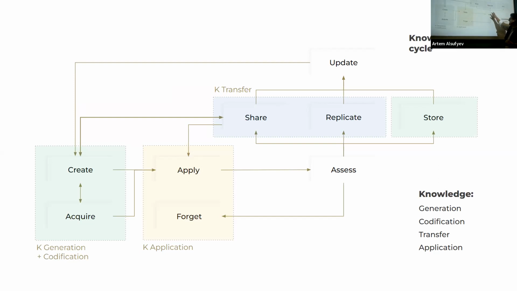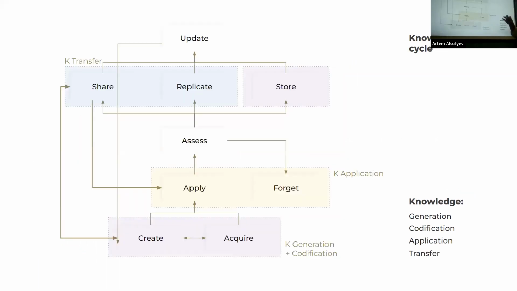We assess it, and then we transfer it in one way or another, sharing, replicating or storing within the organization. And then, based on this stored or disseminated knowledge, we update it, like in the knowledge creating company, the cycle. So it's indeed the cycle of knowledge management. This is another way of presenting these processes.